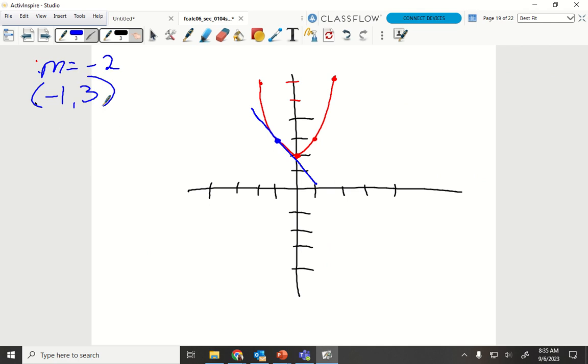Now I have the point and now I have a slope, so I can find the equation of the tangent line.